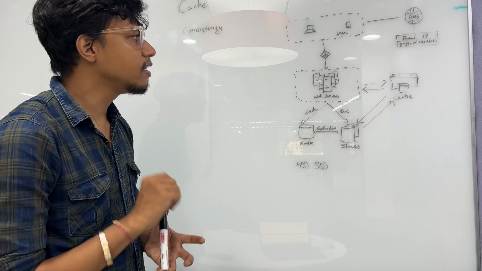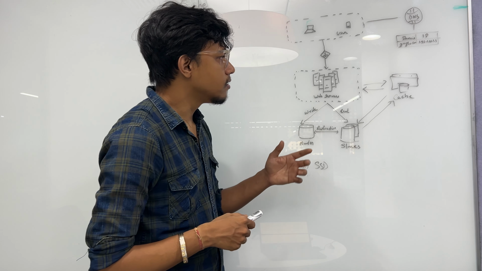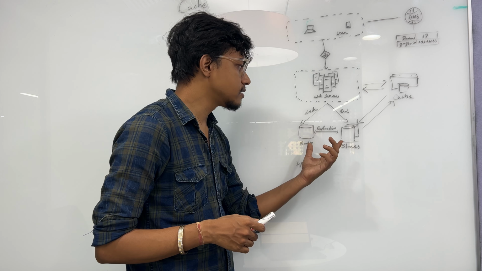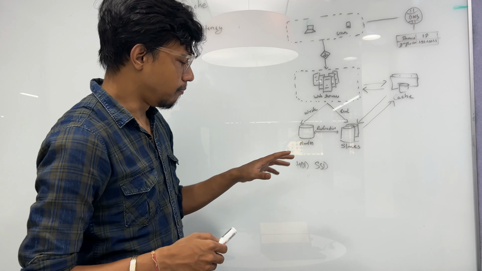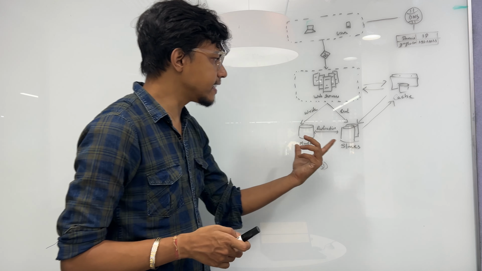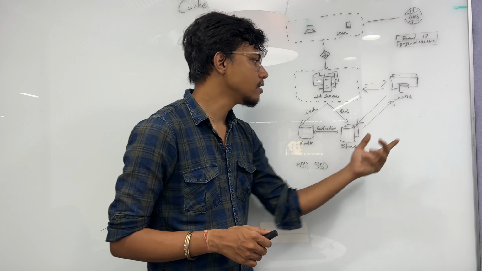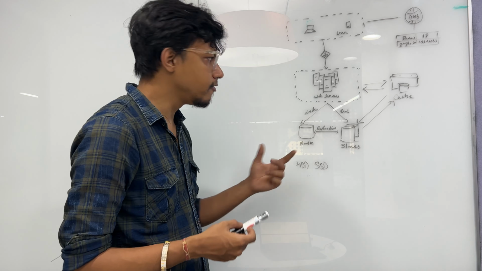For example, some data gets cached from your database into a cache, and by some other means, or from some other area, your database gets updated for the same set of data that is present in the cache with some other values. Now there is a data inconsistency between your database and cache.